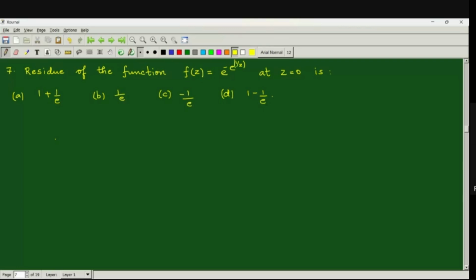Ma'am, now it is also stuck, and n equal to 0 to infinity is not clear now. Oh, 1 second. Sir, yeah, please. Yeah, you can continue. There is no problem.